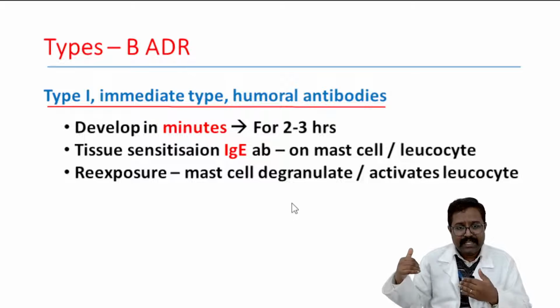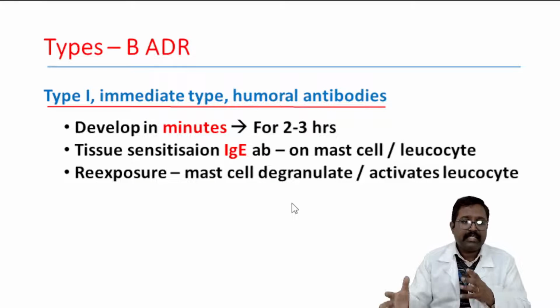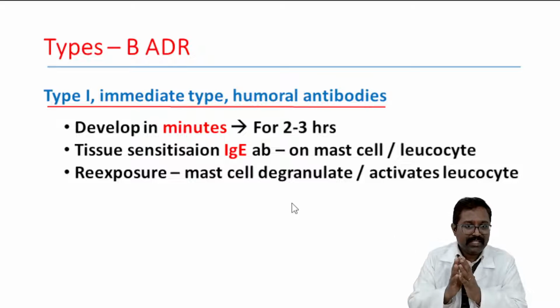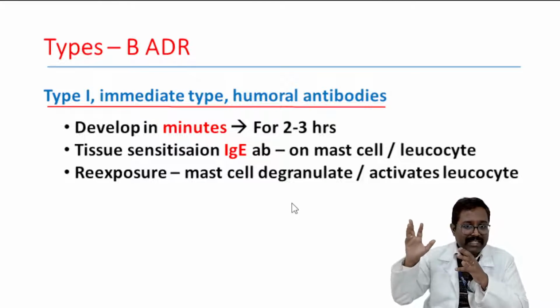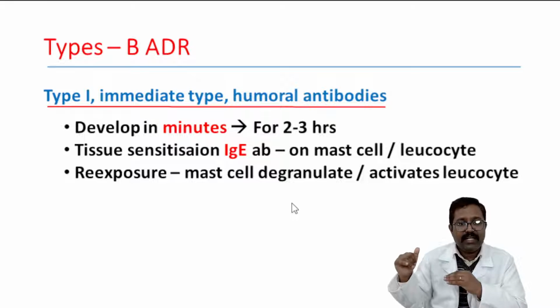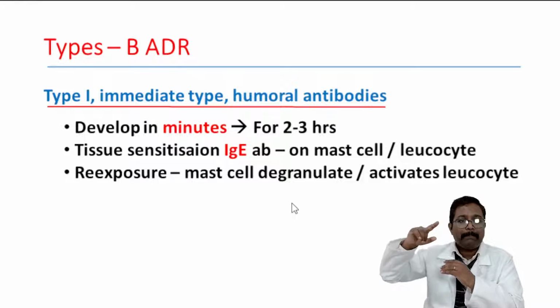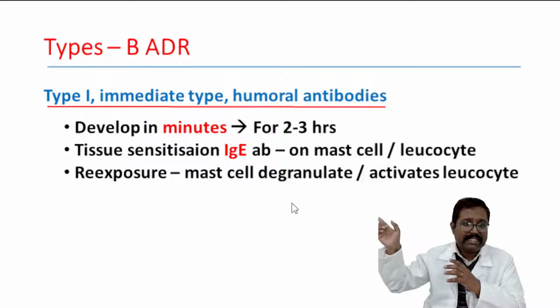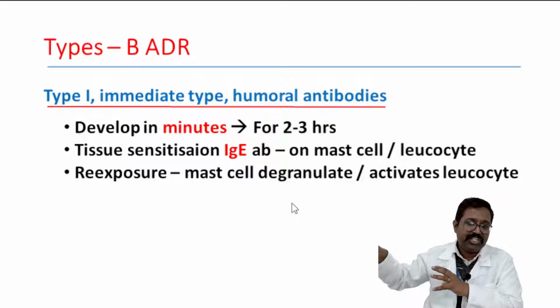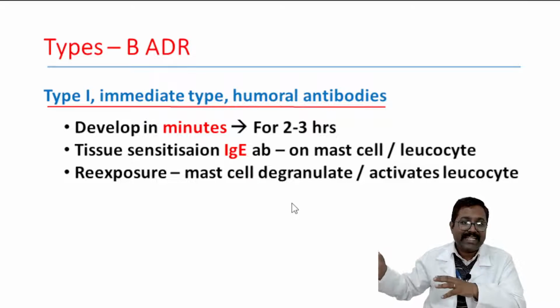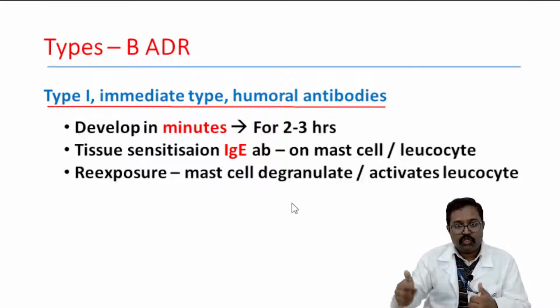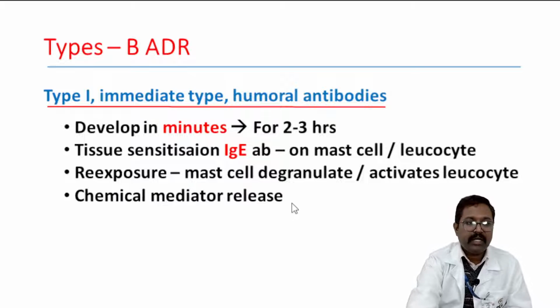If there is a re-exposure of these drugs, the mast cells carrying the sensitized IgE antibody will get activated, leading to mast cell degranulation and release of chemical mediators, and simultaneously it can activate the leukocytes also, with release of chemical mediators as we saw in the previous slide.